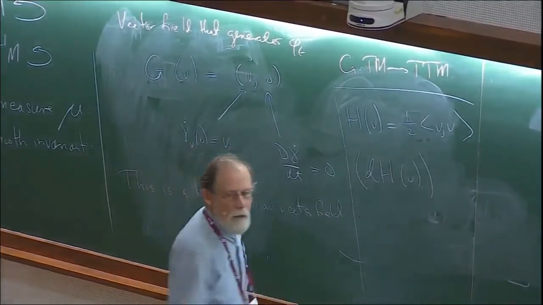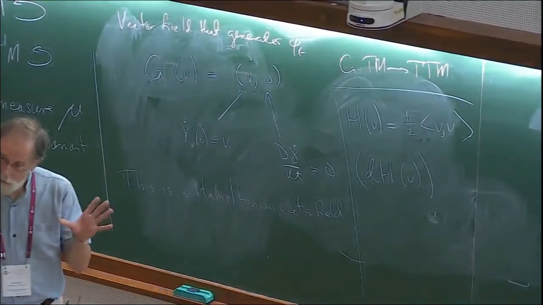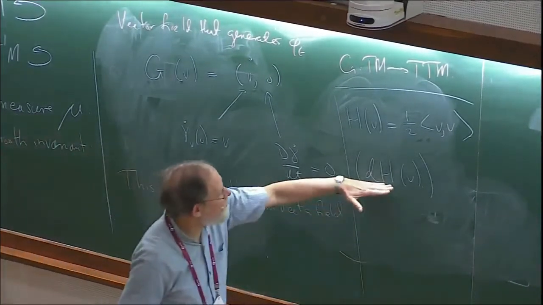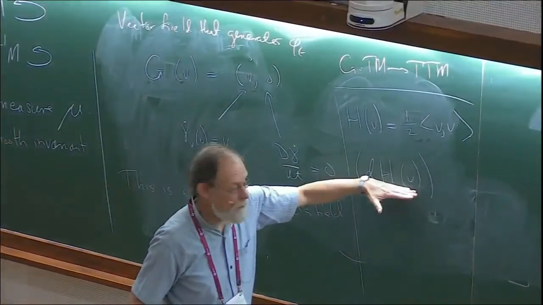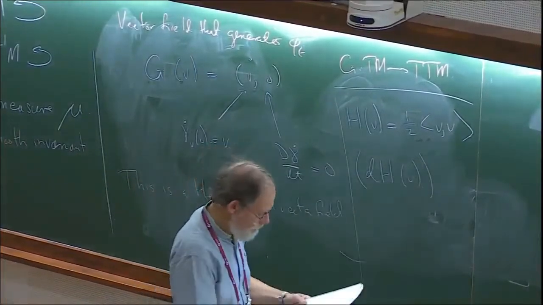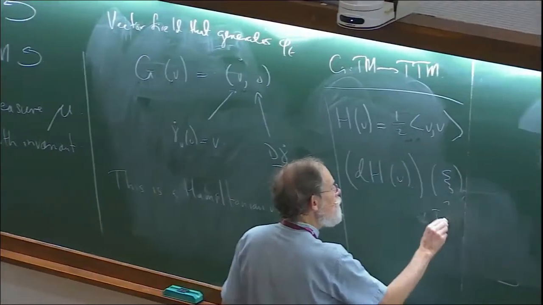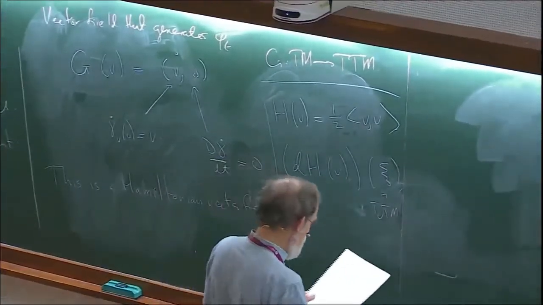And as we've heard several times, there are times when you've got to be careful with parentheses. So this is the derivative of H at v. This is a linear map. And then it acts on a xi, which is in the tangent space at v.